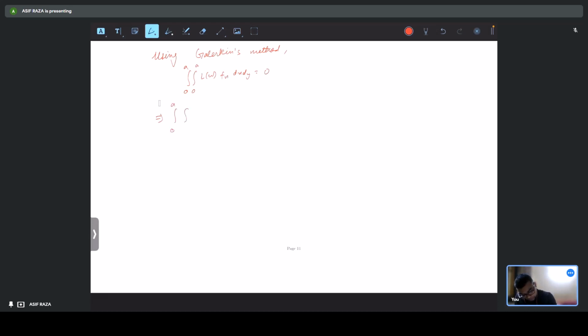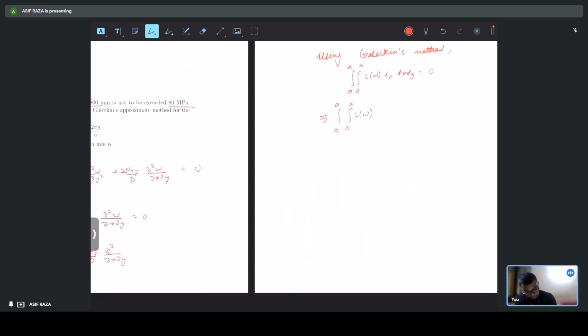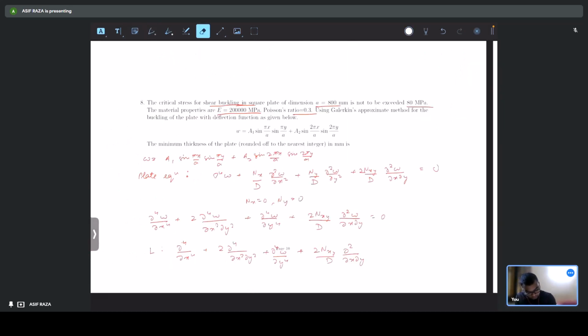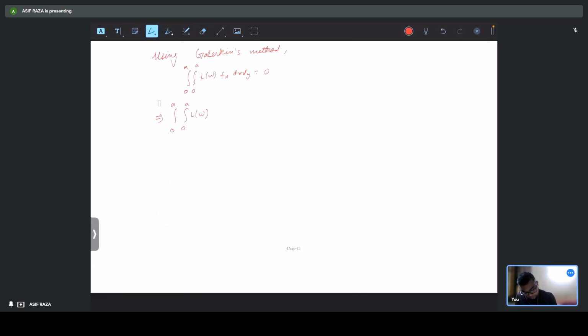First equation: integral 0 to a, 0 to a of L of W times f1, which would be sin pi x by a sin pi y by a, dx dy equal to 0.